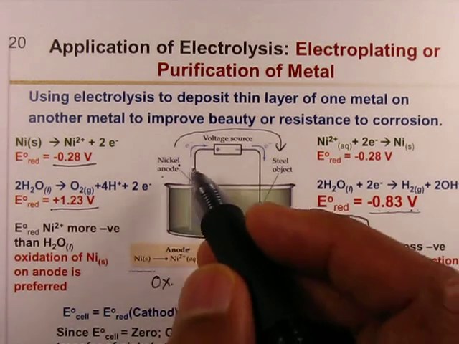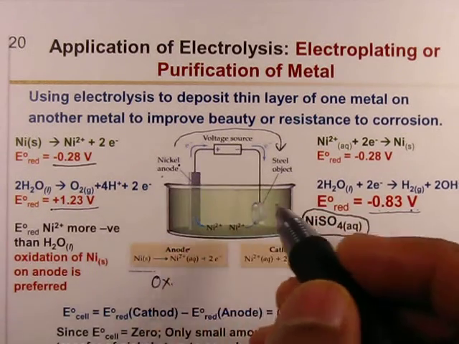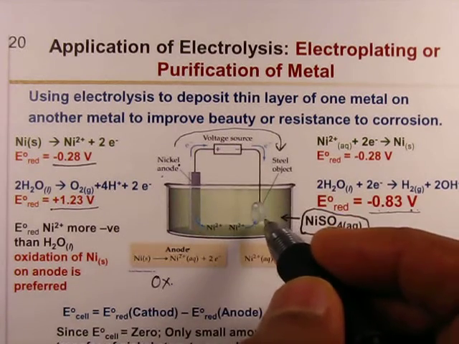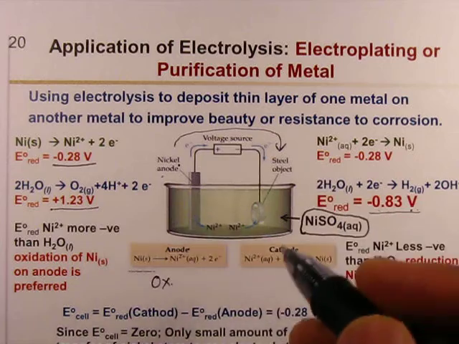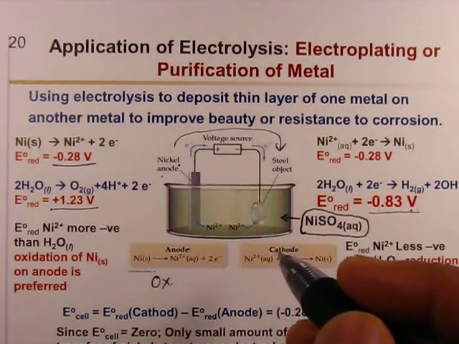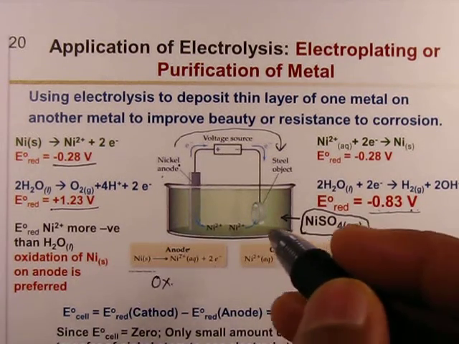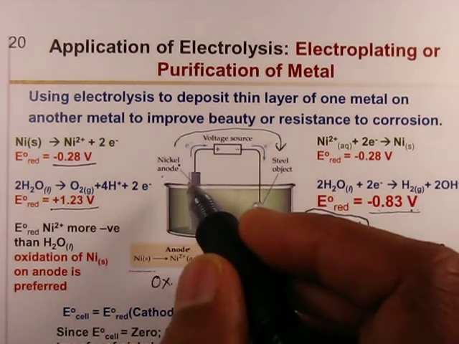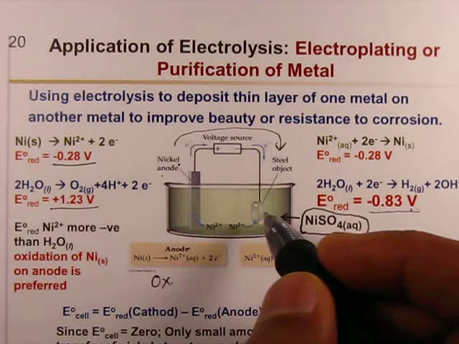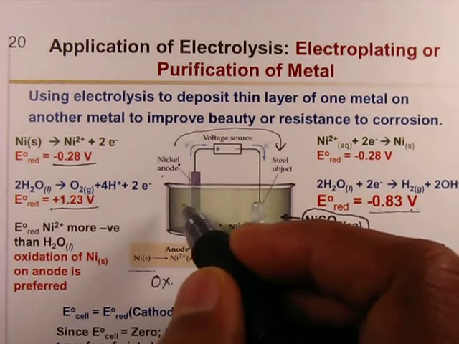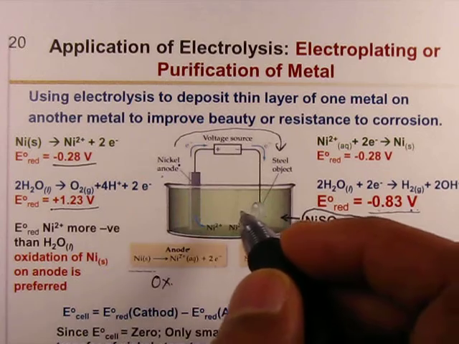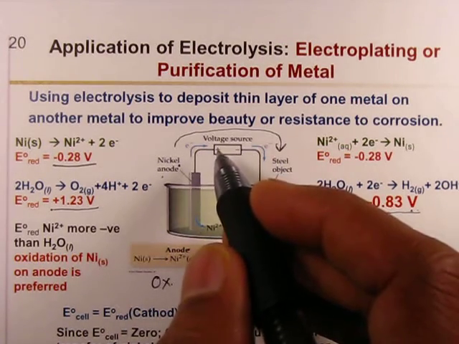Basically we are taking a nickel strip and a steel metal. This is like a ring of steel, and if we want to coat a thin layer of nickel onto the steel, we can use these two metals as electrodes and apply external voltage.